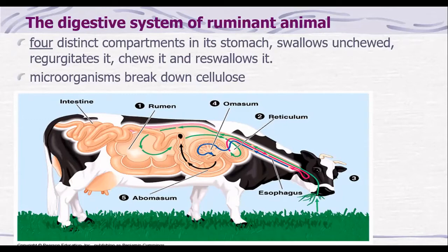Inside this rumen, there are microbes that help this animal utilize this forage and break it down into smaller particles, which will now move to the bloodstream.